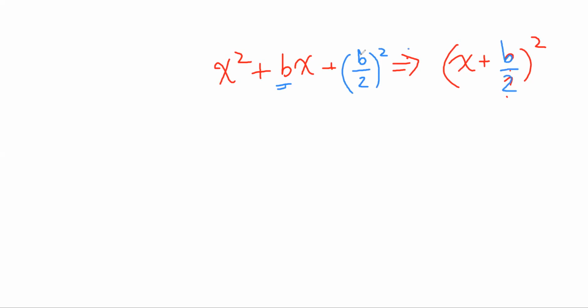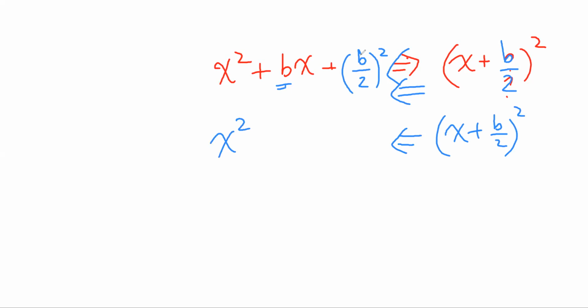If you don't know, do it backward. Do (x plus b over 2) squared: first term squared, second term squared, and don't lose the middle one, 2 times the first term x times the second term b over 2.